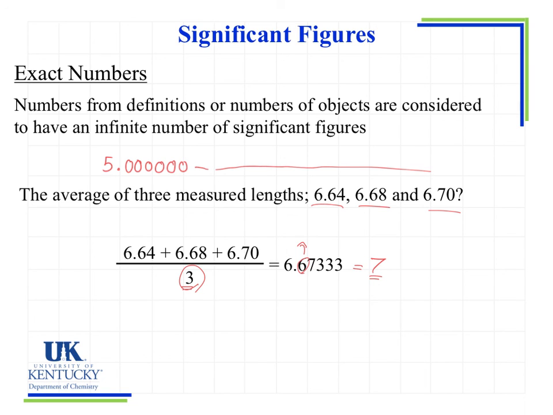But that's not right, because this is an exact number, so we do not look at the exact number in our calculation. Each of these two has 2 decimal places, so the right answer should be 6.67, not 7. We will talk more about addition, subtraction, multiplication, and division in the next video.